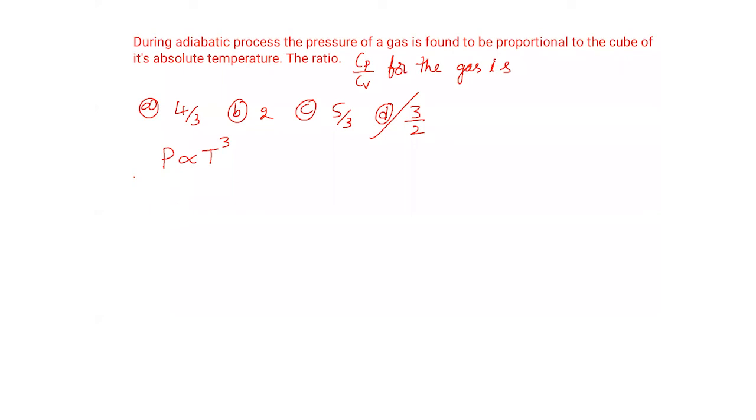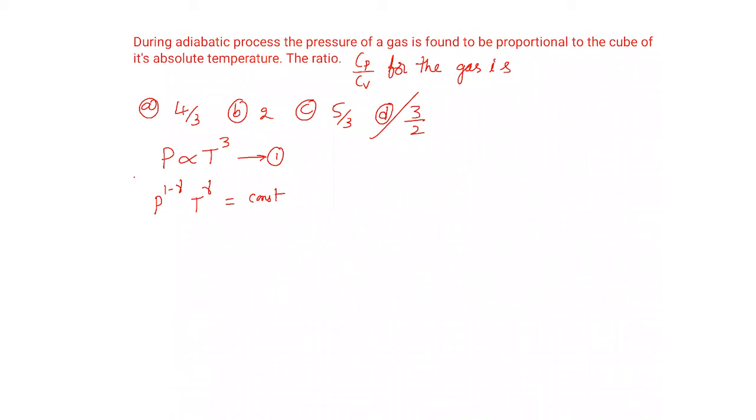Say this is equation number 1. What is the adiabatic relation between P and T? Like PV power gamma equal to constant, TV power gamma equal to constant, so like that, we have P power 1 minus gamma into T power gamma equal to constant. You remember this?